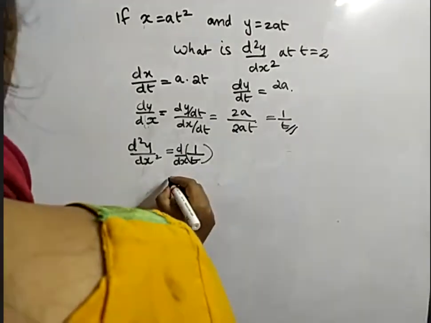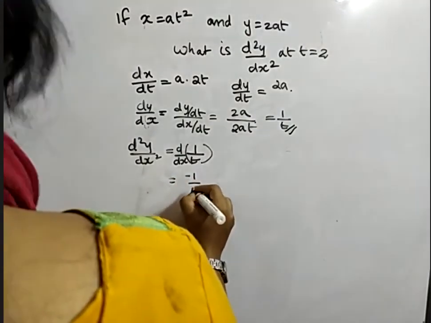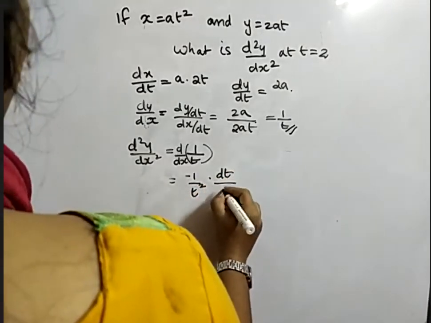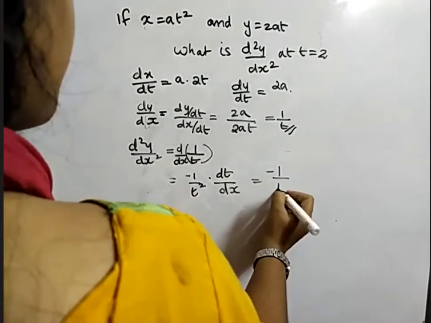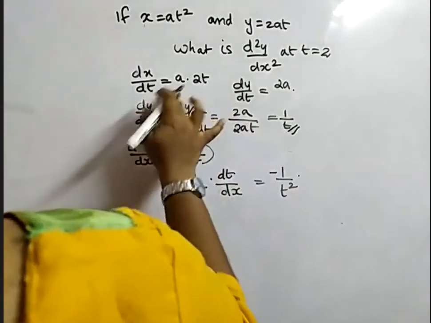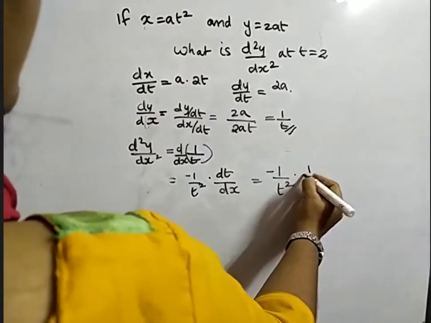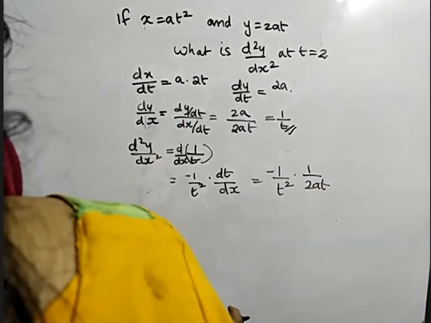That is minus 1 by t square into dt by dx. That is minus 1 by t square, where dt by dx is 1 by 2at.